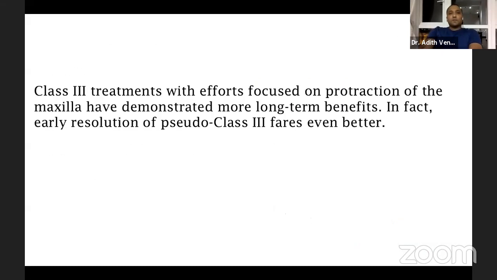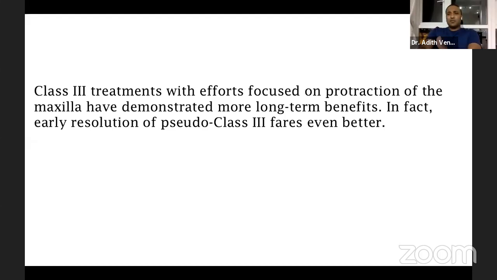So over the years, class 3 treatment, especially of pseudo class 3, has focused on protraction or proclination or flaring of the upper incisors, just to get an ideal positive overjet, which would correct the premature contacts and resolve the pseudo class 3. These have shown a lot of long-term benefits over the years.